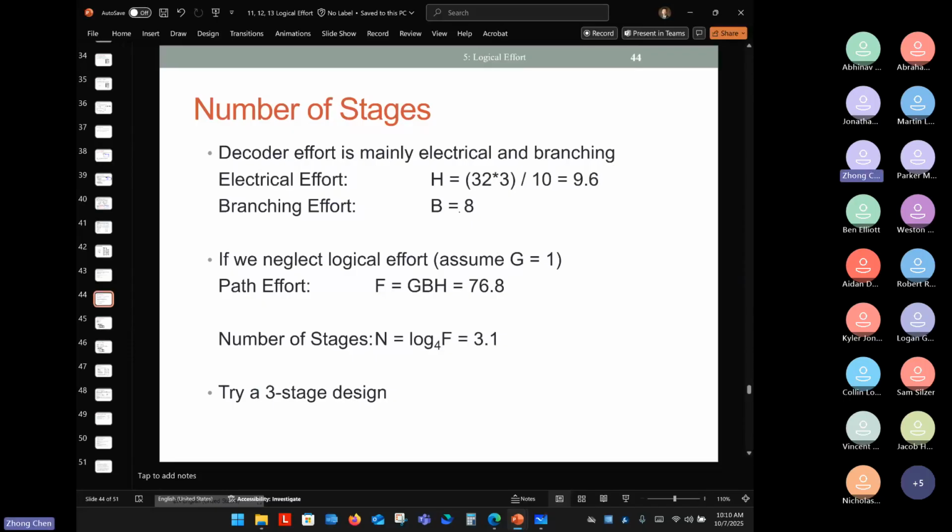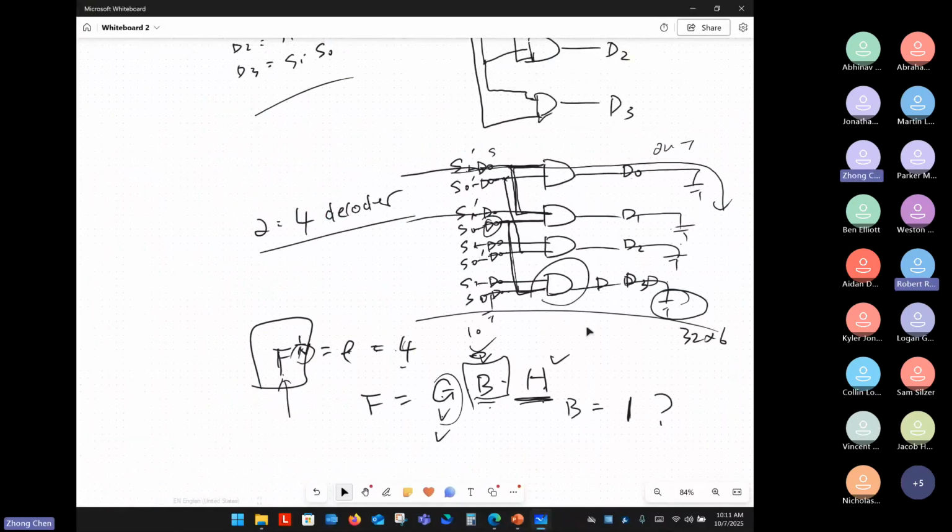So why is the B value equal to 8 in this case? Why is there an 8 branch here for each of the inputs? Anybody know that? For this 2 to 4 decoder, for example, we have actually 4 inputs: S1, S0, S1 not, S0 not.